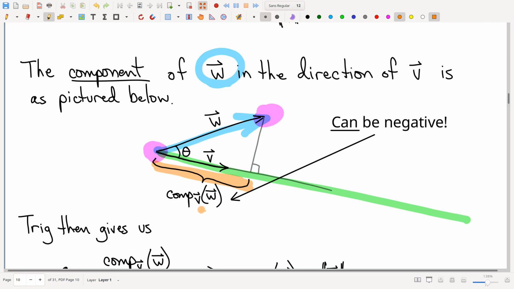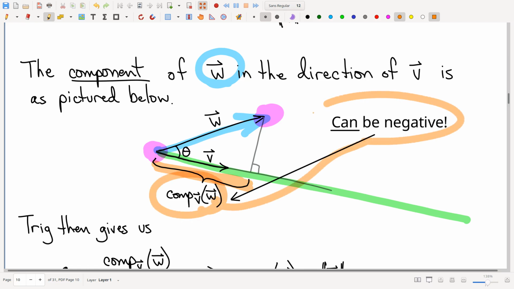Now, very importantly, sadly, confusingly, do keep in mind it's allowed to be negative. And if this W vector pointed like so, that would be a negative component in the green direction. So you can't call it a distance. And it's very frustrating because it looks like a distance in the picture, right?